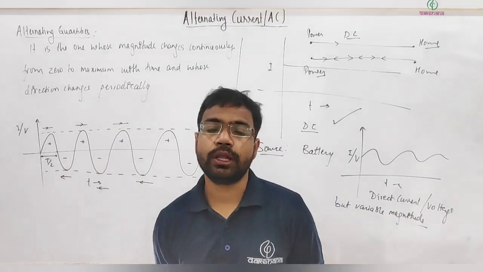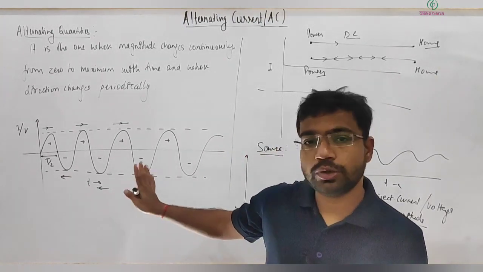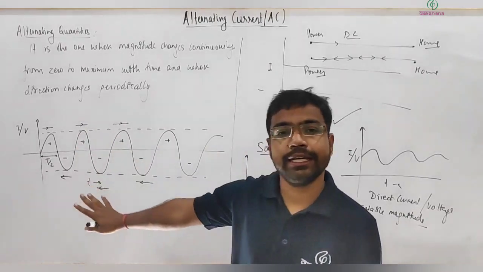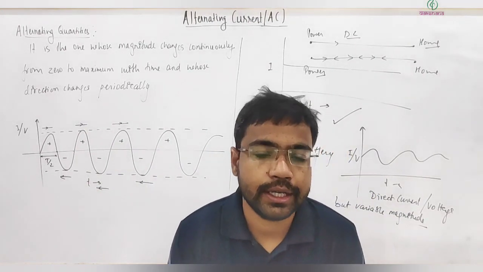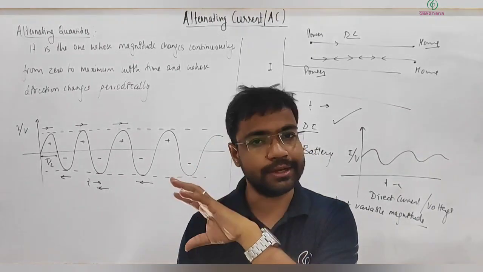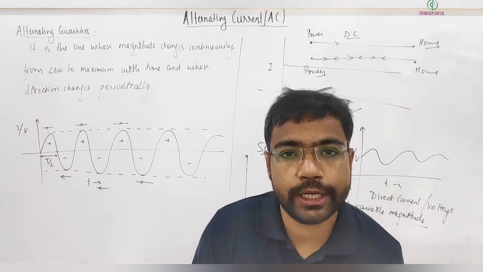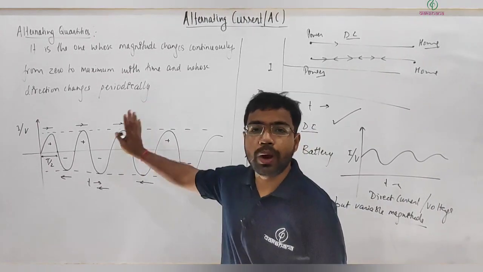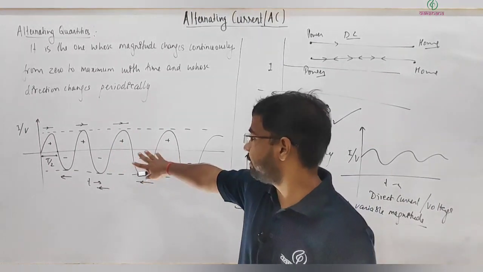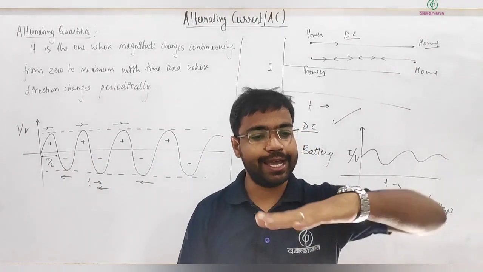Let me tell you about how AC is generated, and before that I am just talking a little bit. So AC, the definition is alternating quantity. AC means alternating current. We define it in the chapter name as alternating current, but actually it can be alternating current and alternating voltage also. So an alternating quantity, we define as a quantity whose magnitude changes continuously with time and direction reverses.